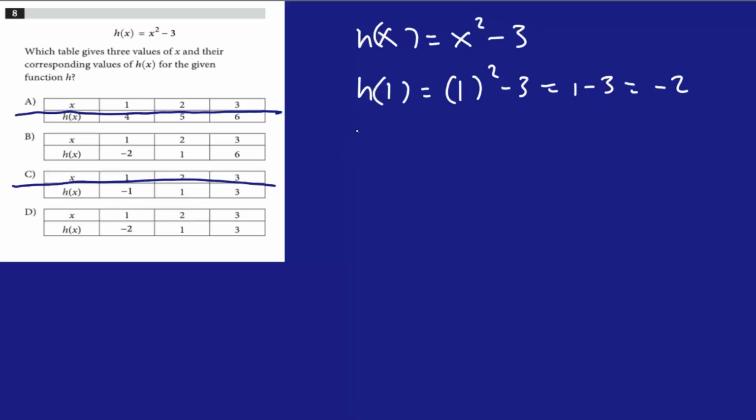So when we do that, we'll have h of 3 equals 3 squared minus 3 equals 9 minus 3, which is going to be 6. So as you can see here, B is going to be the answer. So this one's pretty easy, but I just wanted to give you guys a warm-up, showing how to plug the numbers into these. Now we'll get into some of the harder ones.